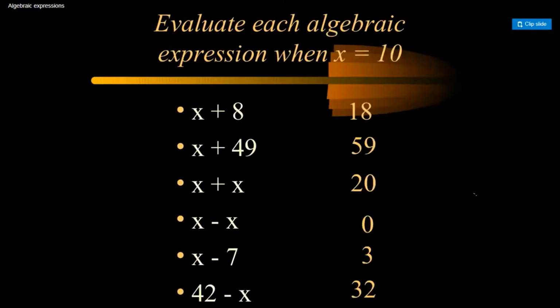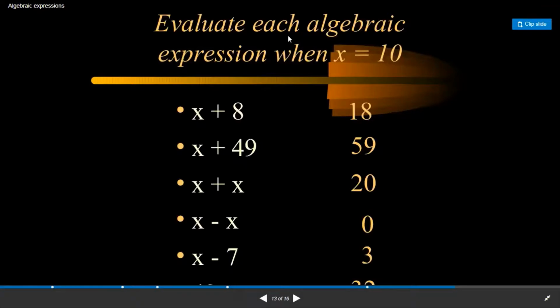We are also going to evaluate each algebraic expression when x is equal to 10. Always remember that the value of x here is 10. So x plus 8: if x is 10, it means 10 plus 8, then the answer is 18. X plus 49, if x is equal to 10, so 10 plus 49, that's 59.